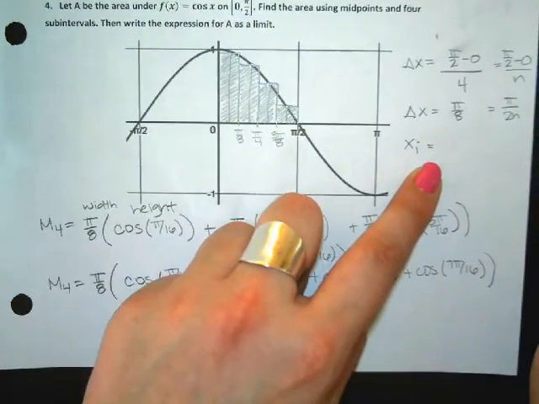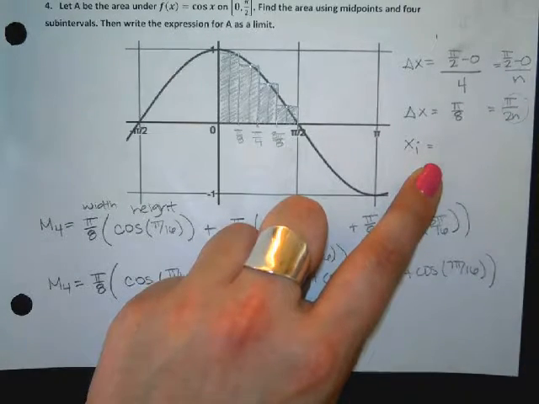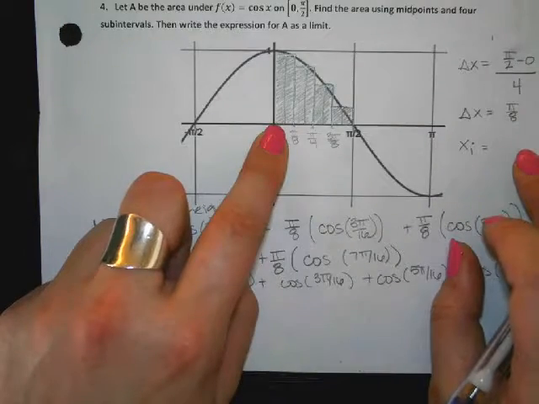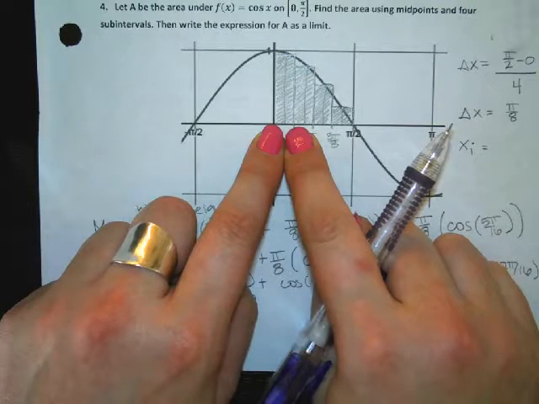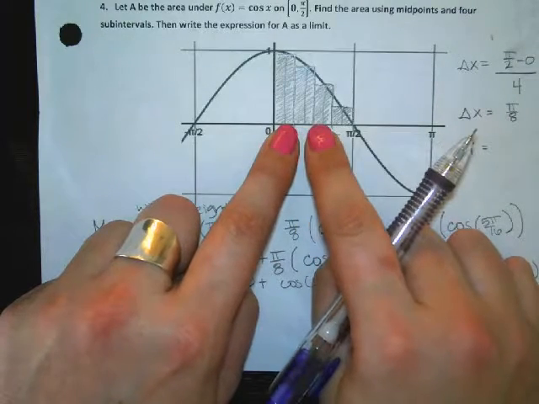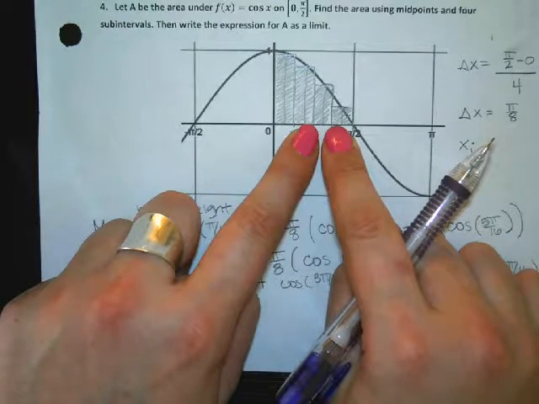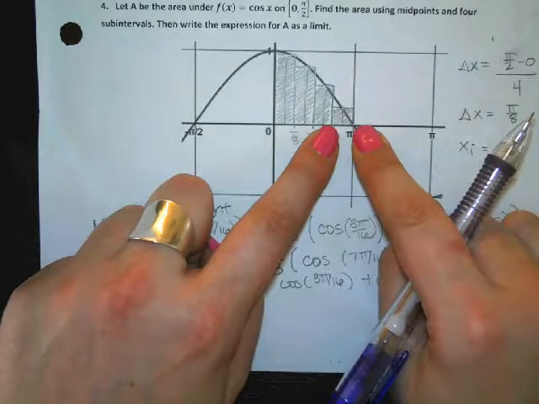The x sub i comes from you saying that this is the width of your interval. So if you guys noticed, we said that we were starting at 0. And the width of our interval was pi/8. And then we start at pi/8, then the next goes to 2 pi/8. And then the next goes to 3 pi/8. And then the last one goes to 4 pi/8, which is pi/2.